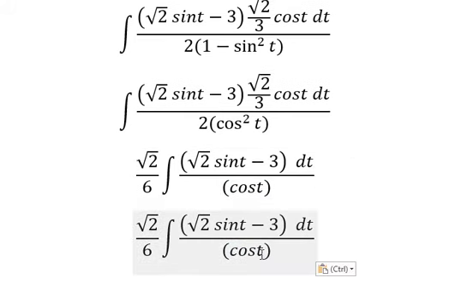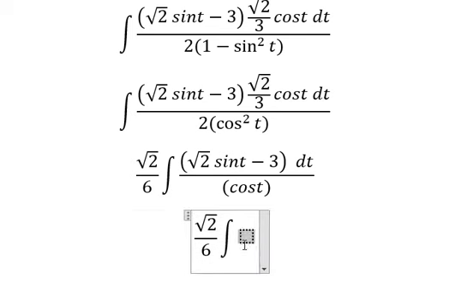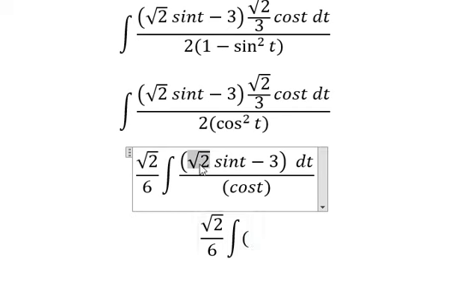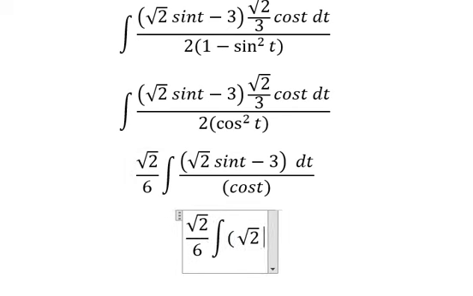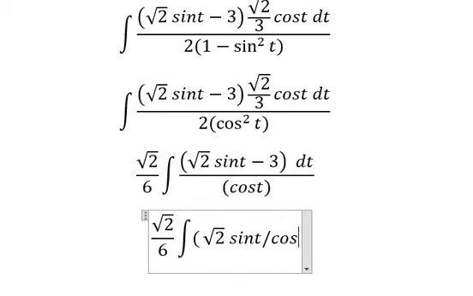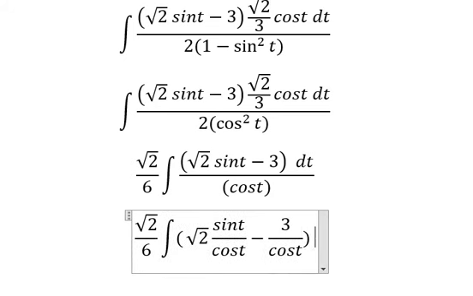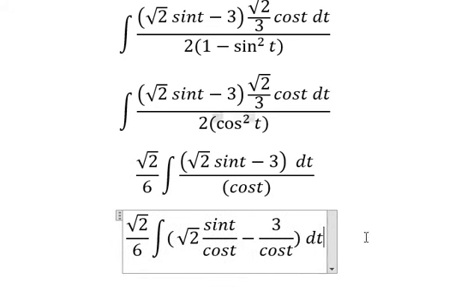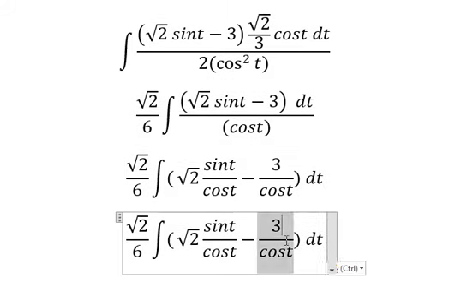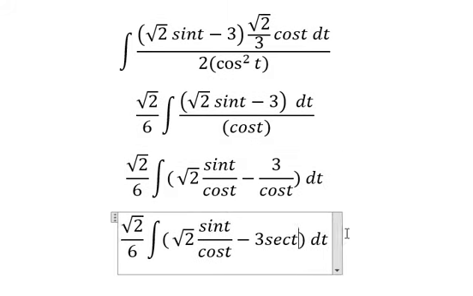Sine t divided by cosine t. Number 3 divided by cosine t. This one we change for 3 secant of t.